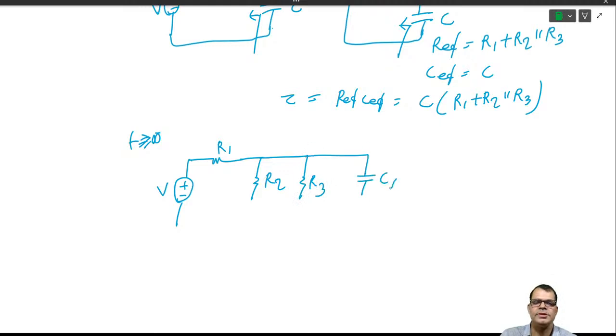This is your C1 and this is your C2. What will be the time constant of this circuit?